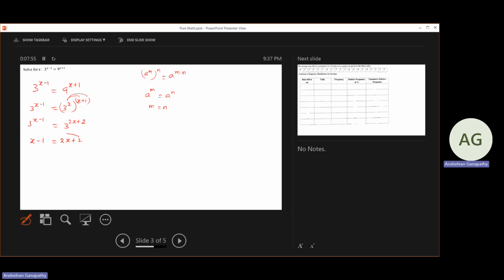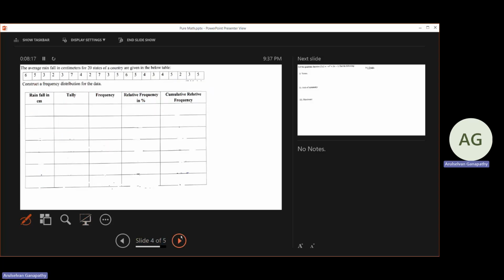Take this 2 here and x to the right side. So what you get, minus 1 minus 2 equal to 2x minus x. What is 2x minus x? It is x. So x equal to minus 1 minus 2, which is minus 3. So x is minus 3. That's the answer. Now let's go for the next question.